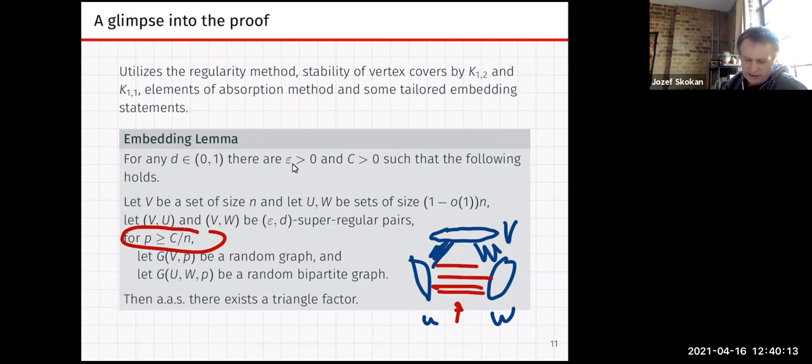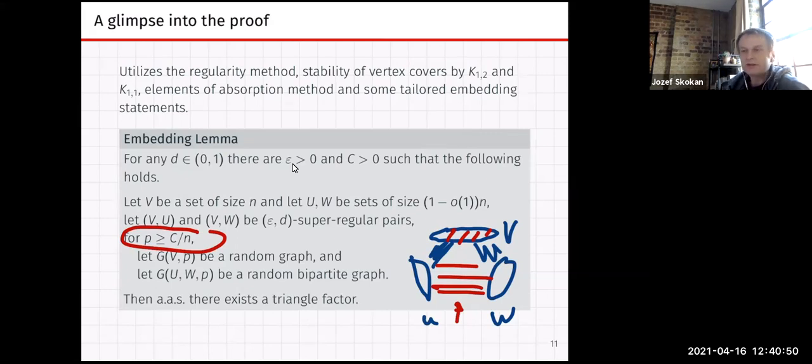You also throw these random edges into V. Under this assumption, the embedding lemma tells you that you can find in this graph a triangle factor that covers all vertices of U, V, and W. You need these random edges in the set V because V is slightly bigger than U and W.